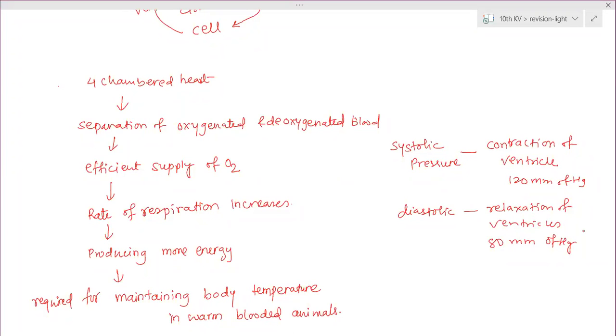Lymphatic system. Lymph is an extracellular fluid, which has a greater amount of fat and a lesser amount of protein, and it also carries cells called lymphocytes, which help in building the immune system.